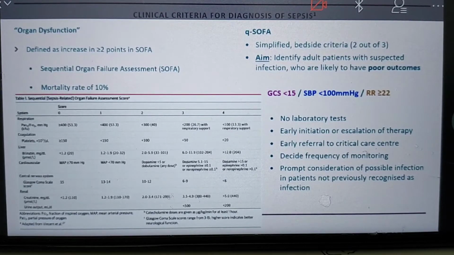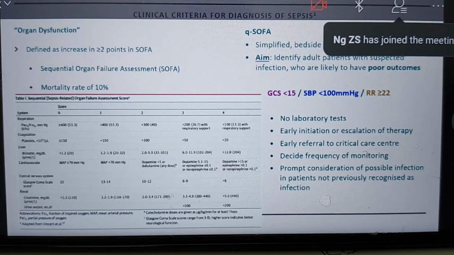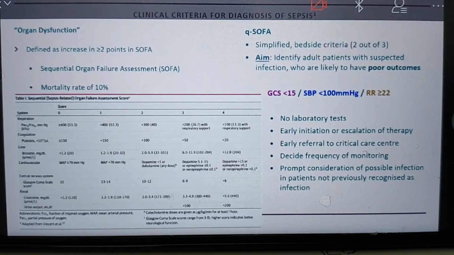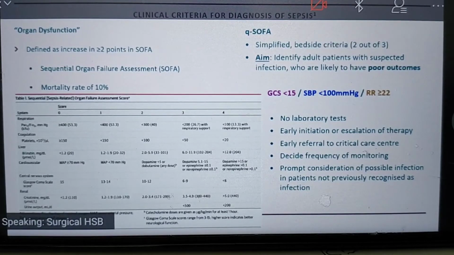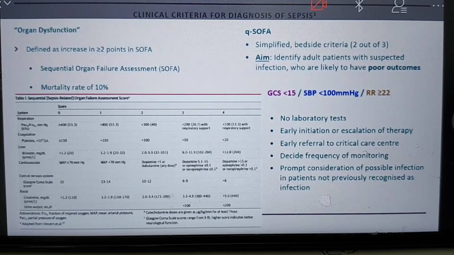We don't need to have any lab tests. It allows early initiation or escalation of therapy. Then we can refer to a critical care center early. Then we are able to decide frequency of monitoring and prompt consideration of possible infection in patients not previously recognized as infected.